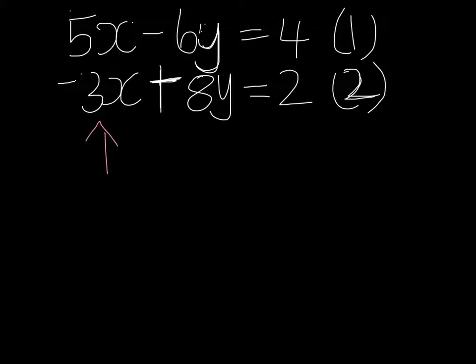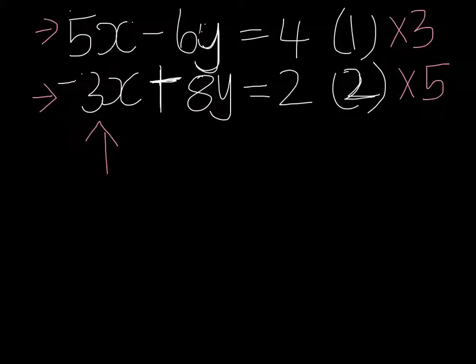At the moment we've got 5x in the first equation, and we've got minus 3x in our second equation. I'm going to make these x values the same. I'm going to multiply the first equation by 3. I'm going to multiply my second equation by 5. We'll then be able to add these two equations together.